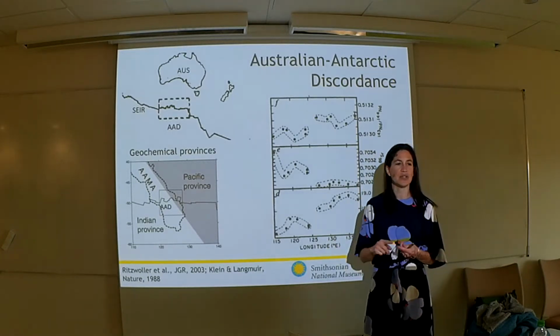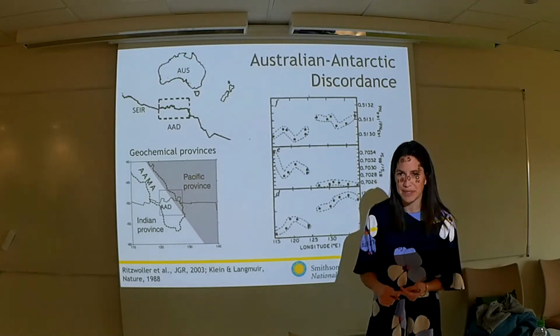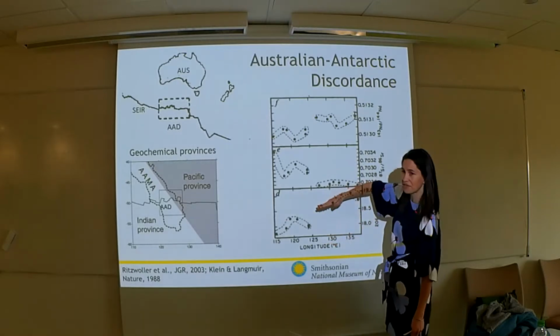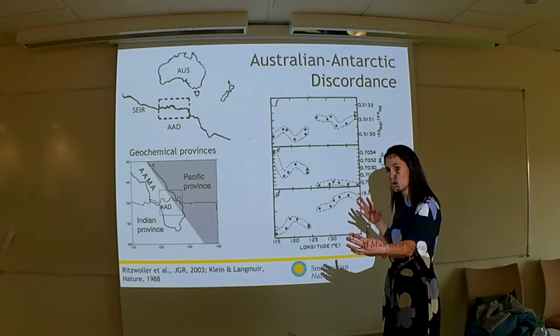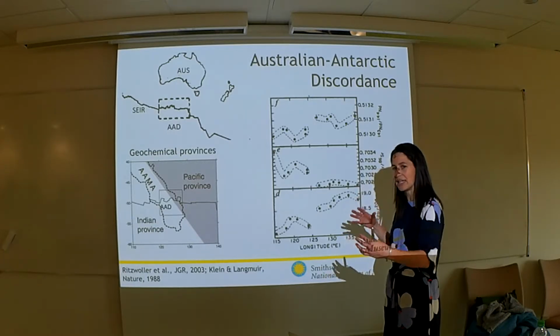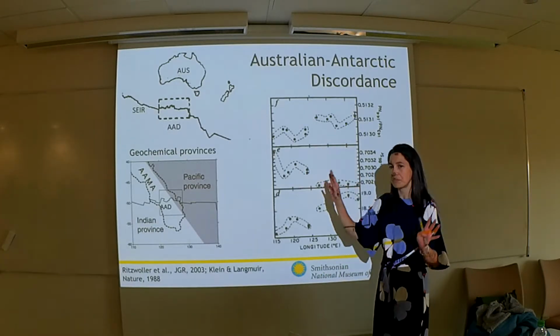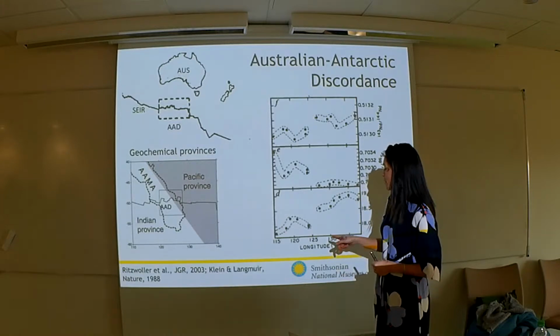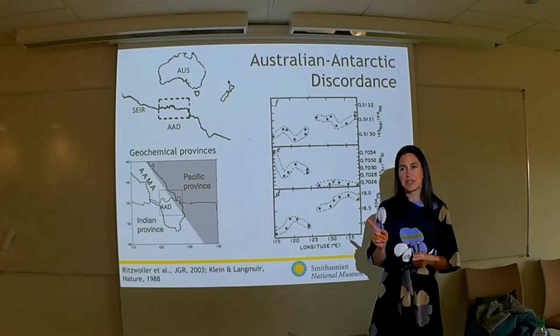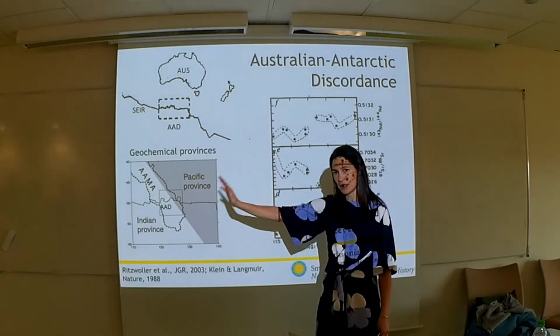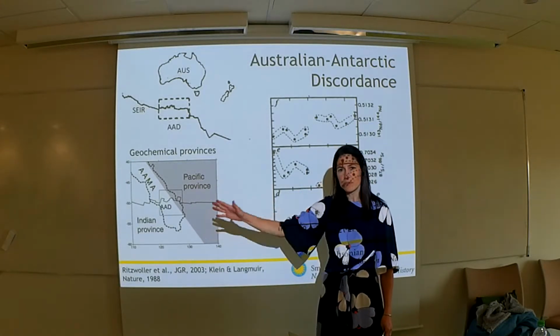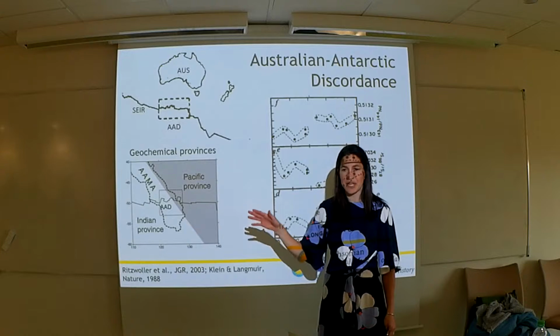You see it in everything. Trace elements. Every isotopic system shows a shift as you go from the Indian side to the Pacific side across this topography. Now, the other thing you see is a difference in major elements. Sodium contents are lower on the Indian side, indicating lower potential temperatures.